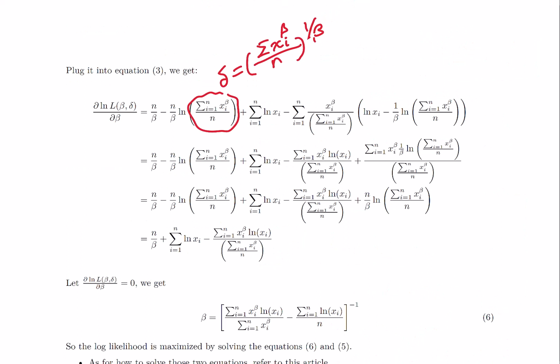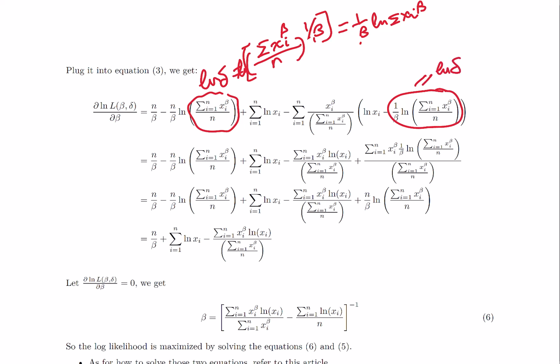So if you take the ln of delta, ln of the whole thing, that's how you get this term. Because it is minus n delta, that's why you got n over beta times this term. And then here is the same thing, remember? This is exactly ln delta.